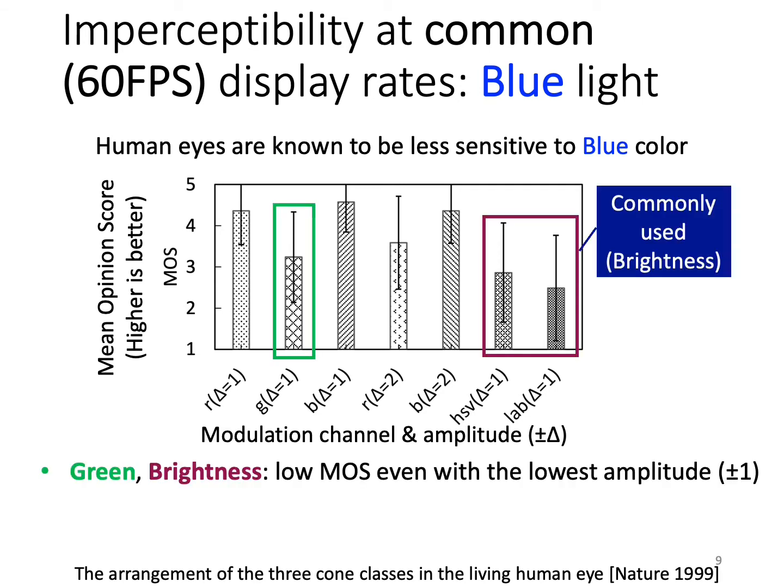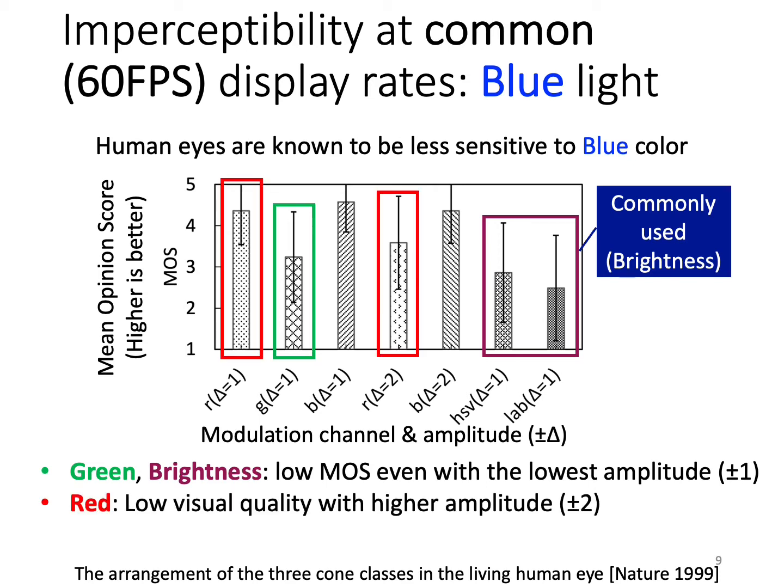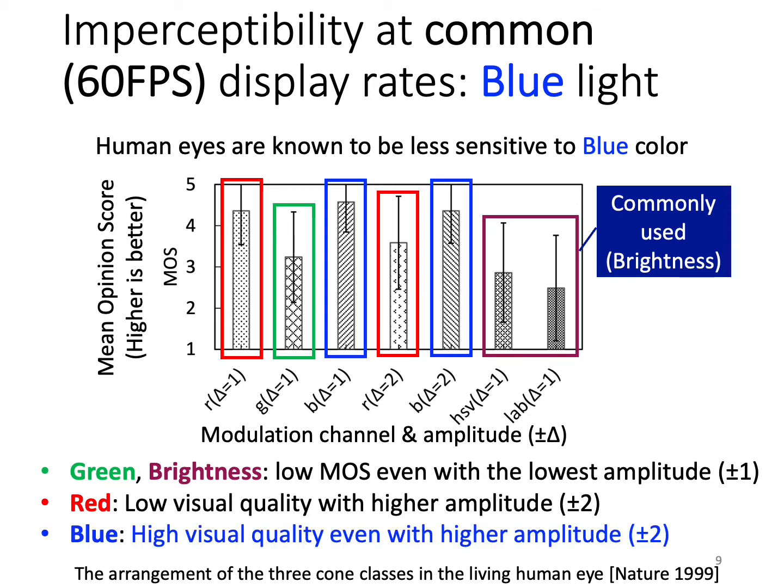Please note that the brightness channel was commonly used in previous works. However, the green and brightness channels achieve very low scores, even at the least amplitude, so we need to avoid these channels. The red channel is only good with the least amplitude. And as expected, the blue channel is much better and seems to be the right one.